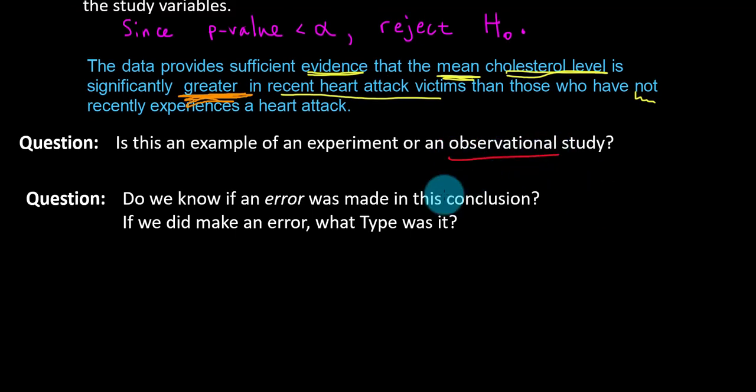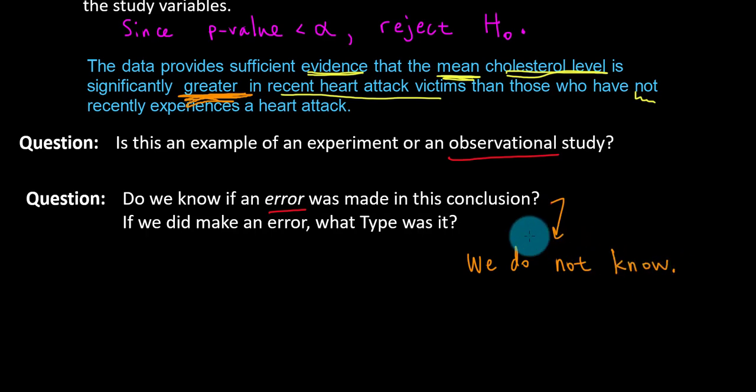And do we know if an error was made in our conclusion? This is not a mathematical error that I am speaking of. Like, did we carry the 2? This is about a sampling error. The answer to this is we do not know. That's always the answer to this question when I pose it.